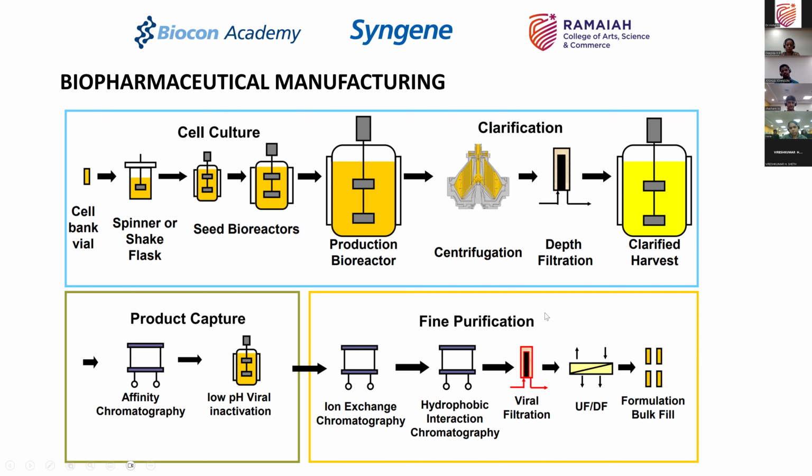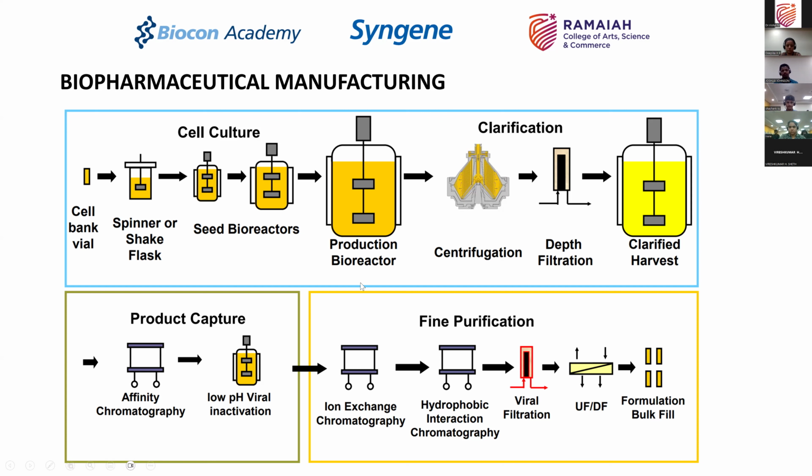You concentrate the solution by using an ultrafiltration module or a cross flow filtration, and then whatever product you get as a drug substance is ready for filling, meaning it is a bulk drug substance. Now that is then formulated to get into the injections or the formulations which you will use for the individual patient treatments. So that's the whole process of biopharma manufacturing.